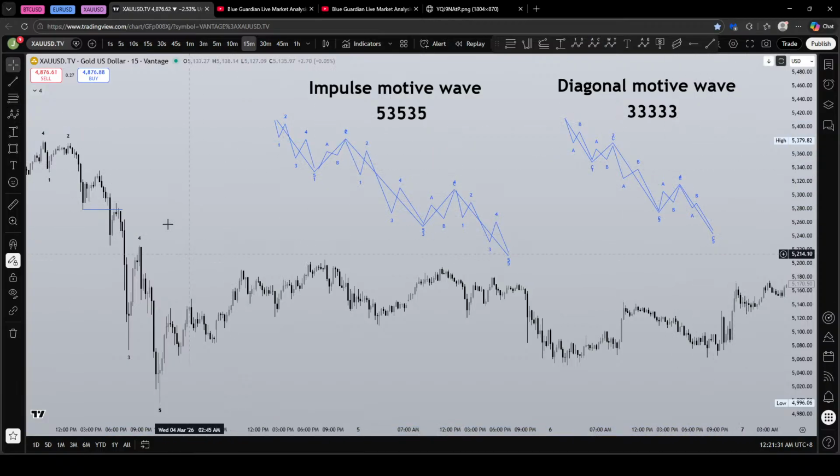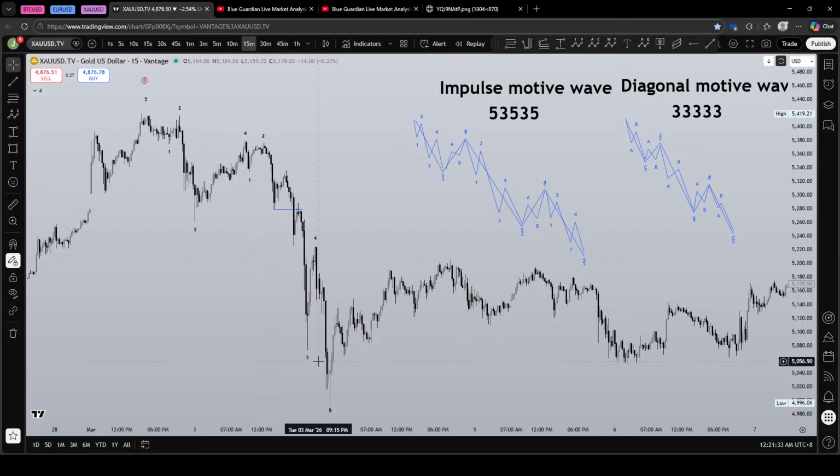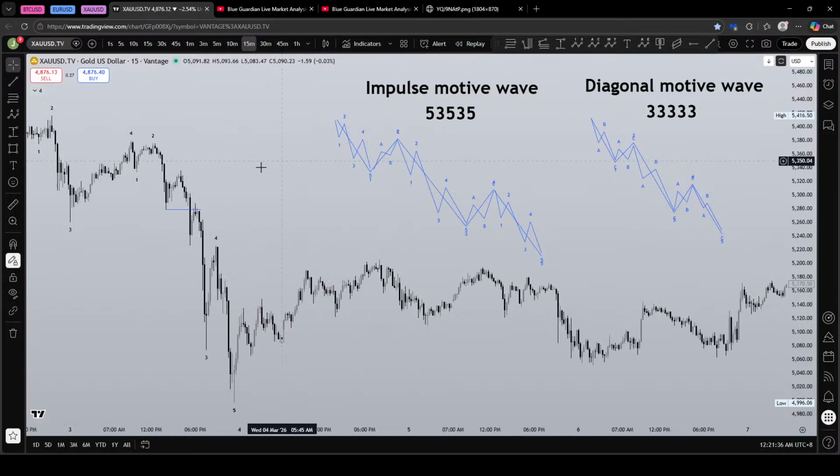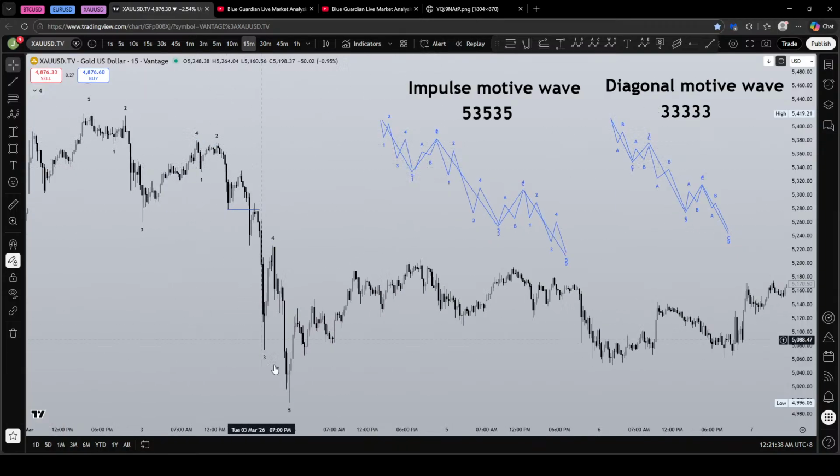Meaning, we cannot treat this as an impulse third wave, because for this to be considered third wave, it should satisfy the three cardinal rules of Elliott wave theory. However, just like what I have shown to you a while ago, this particular part of the price will violate the third rule, which is wave 4 must not overlap the territory of wave 1.